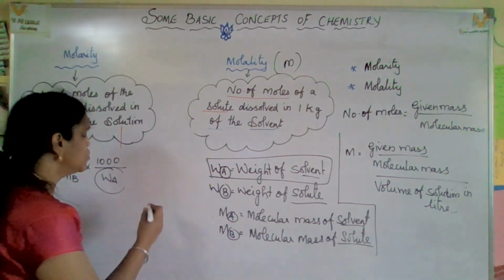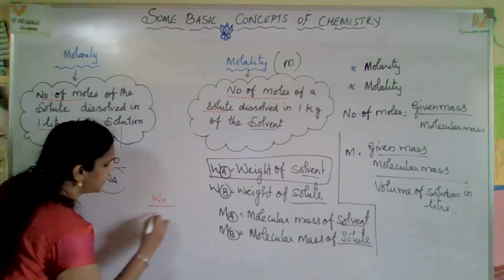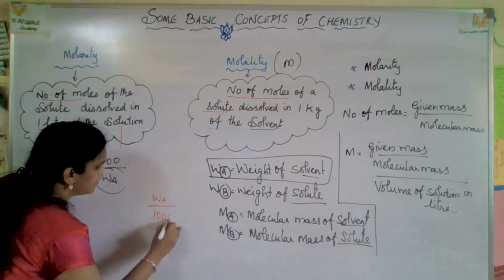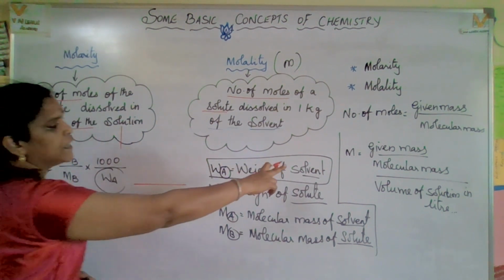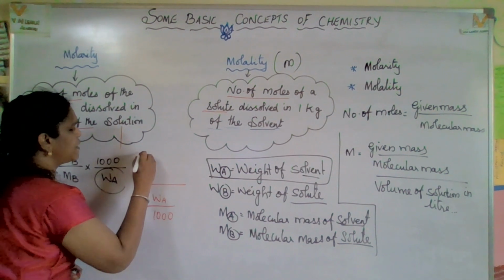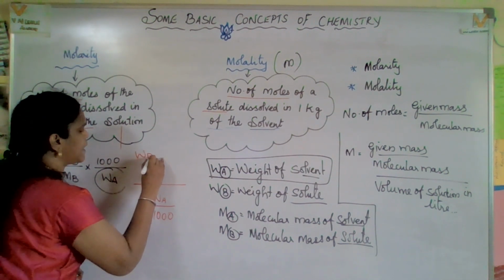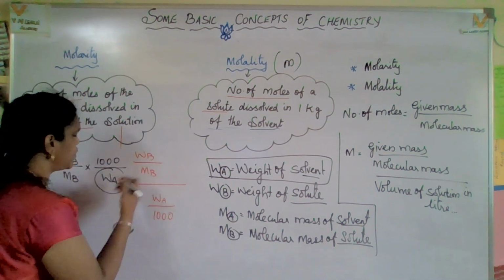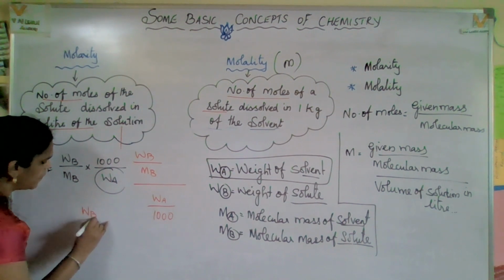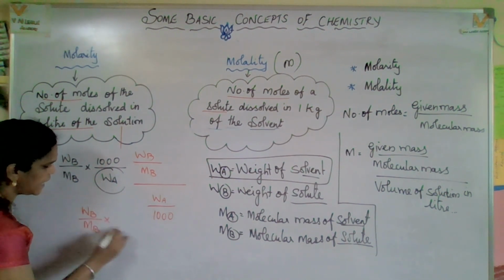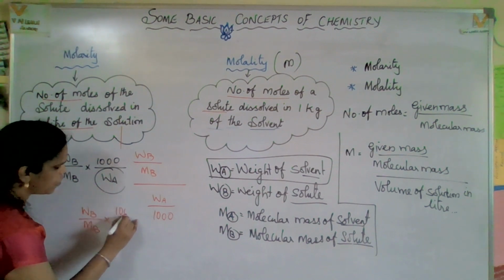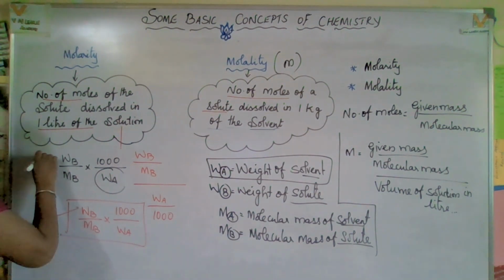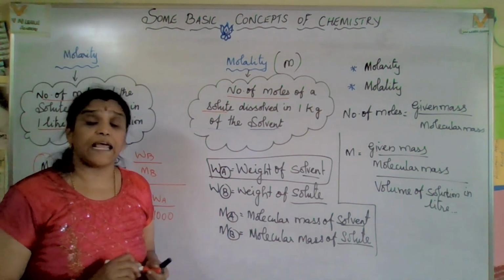Given mass by molecular mass is WB by MB. When you write it like this, the 1000 goes upwards, so 1000 by WA. This is the formula we use to find molarity.